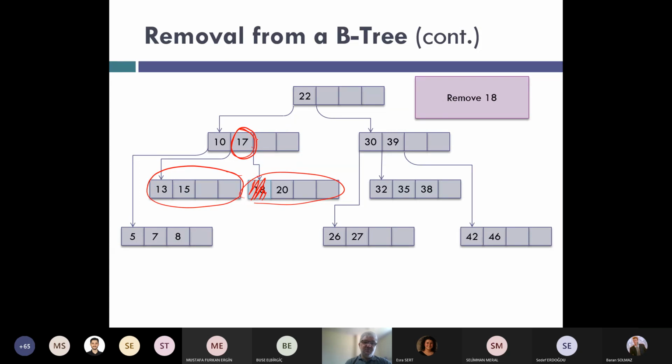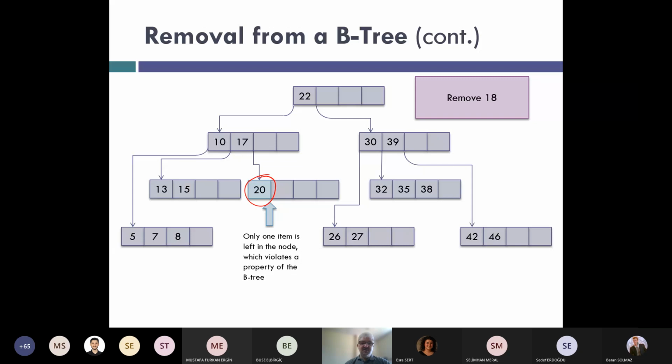So we have to merge these three pieces of information together. We have only one item here, so we merge these three to have a single node.